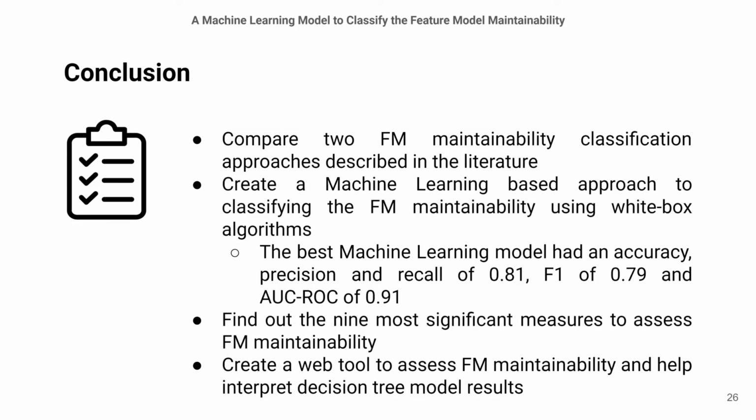The best machine learning model had an accuracy, precision, and recall of 0.81, F1 of 0.79, and AUC-ROC of 0.91. We found the 9 most significant measures to assess the feature model maintainability, and created a web tool to assess the feature model maintainability and help interpret decision tree model results.